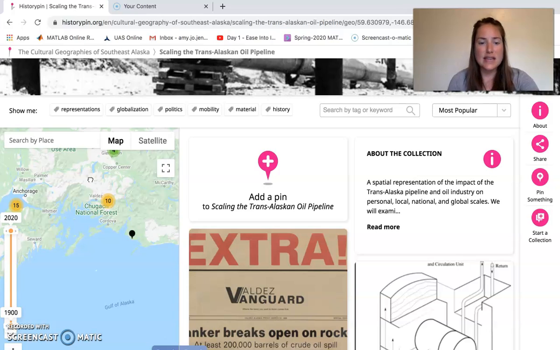In 1989, the oil tanker known as the Exxon Valdez hit a reef and expelled over 11 million gallons of oil. I personally remember the first time I ever heard about the Exxon Valdez was when I was in fifth grade. My teacher walked over to the sink faucet and she turned it on and let it run at full and said, if this ran for a straight 10 years, I believe it was, that is the equivalent to how much water spilled out of the Exxon Valdez.